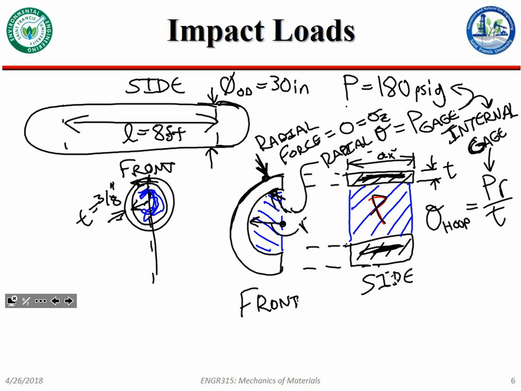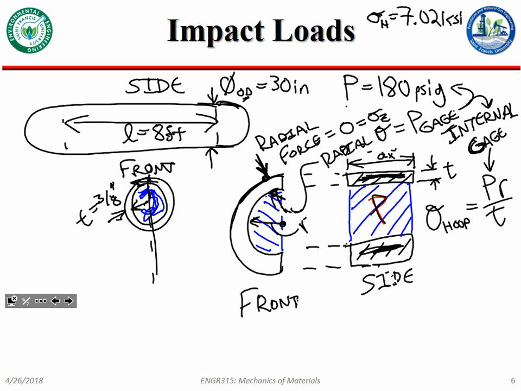Remember, on the inner wall, so it's 15 minus 0.375, because the diameter is the outer diameter. What do you got? 7.02.